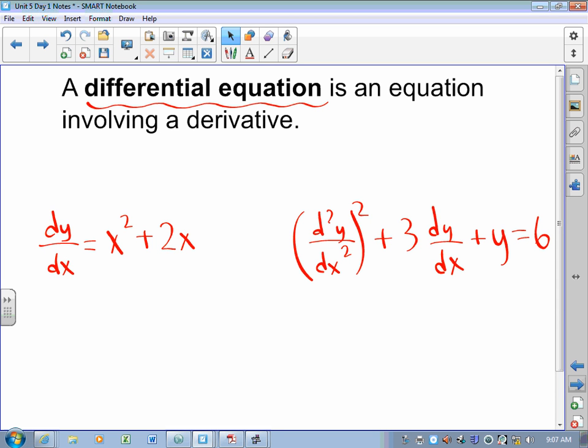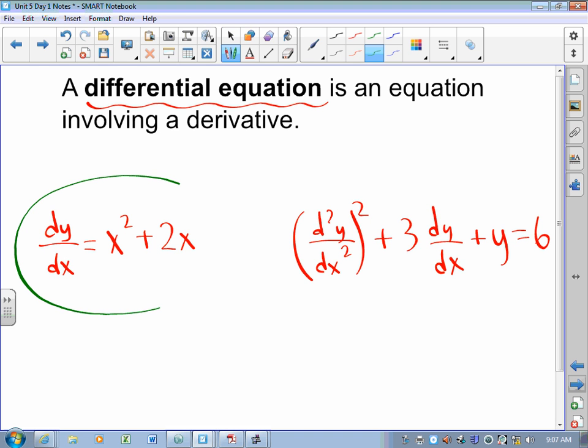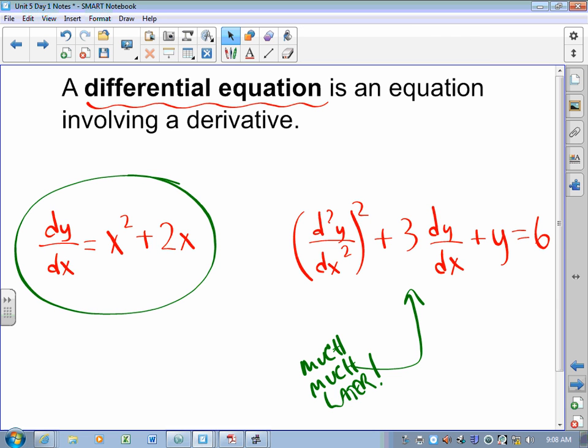So both of those are what we call differential equations. We spend our time looking at these. These will come much, much later. And by much, much later, I mean some course in differential equations as undergraduates in some university under some math major.